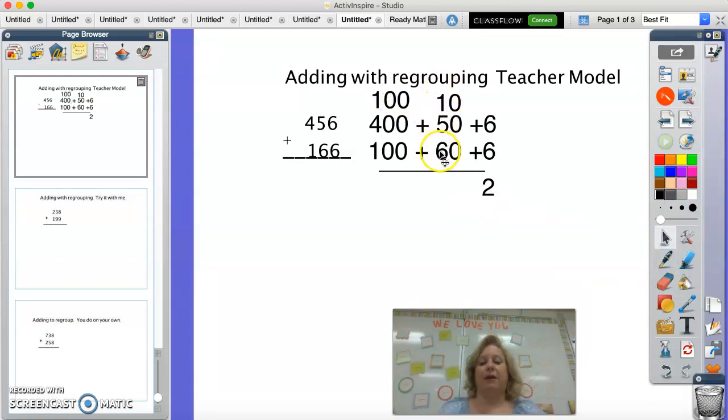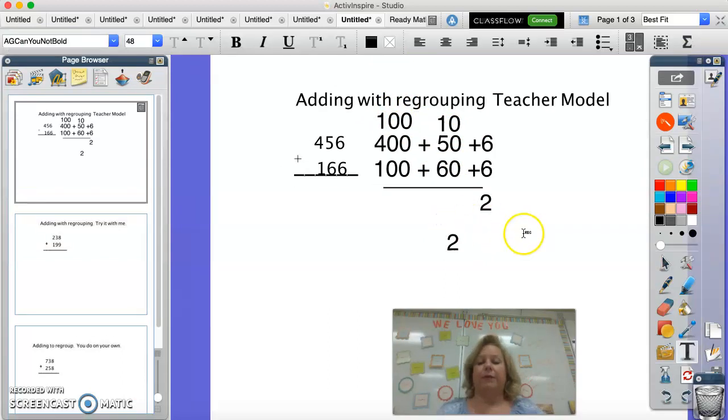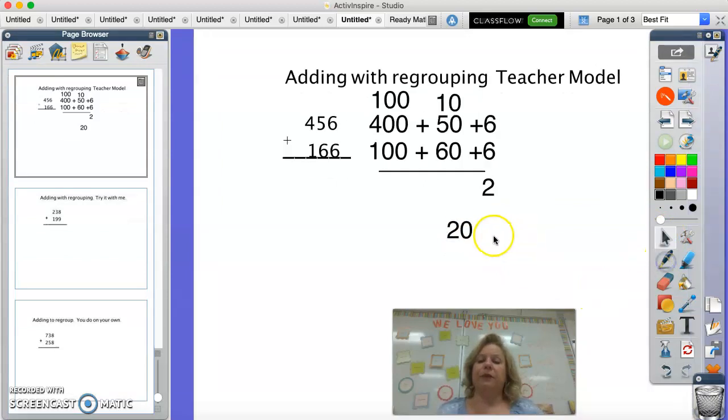So we had 120, right? We've got to put the 2 down here because we took the 100 and regrouped it over here, so we have 20 left over. We're going to do 20, and then we'll do our written form after we have it all expanded.